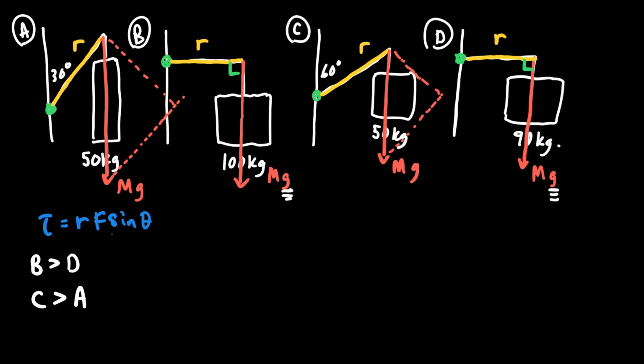And A is more vertical, and so we get a smaller torque. So I know B is greater than D, and I know C is greater than A, but now we need to compare these two things.